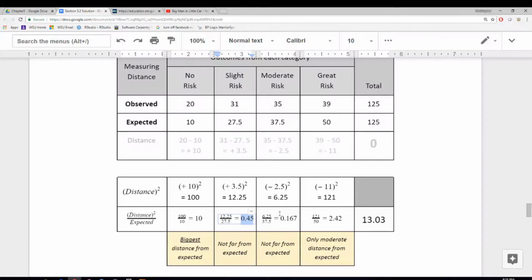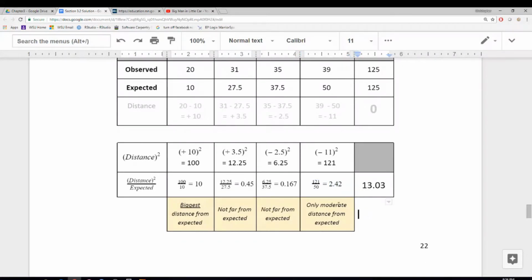I'm going to do that for the moderate risk. I'm going to take the 6.25 value and divide it by 37.5. I end up with something very small here, 0.167. And then finally, for the great risk category, I'm going to take that minus 11 squared, which is 121, and divide that by 50, because that's the expected number there. That ratio becomes quite small here at 2.42.